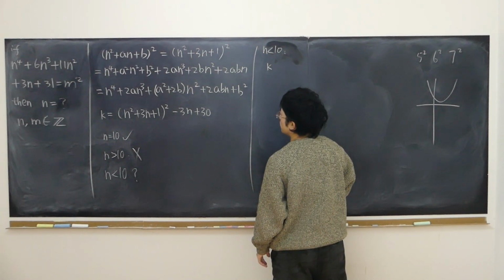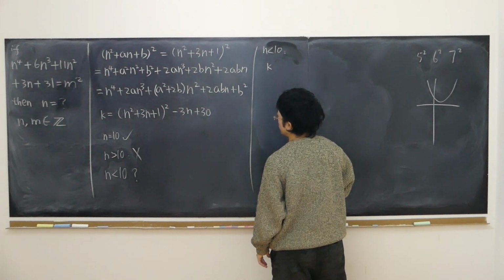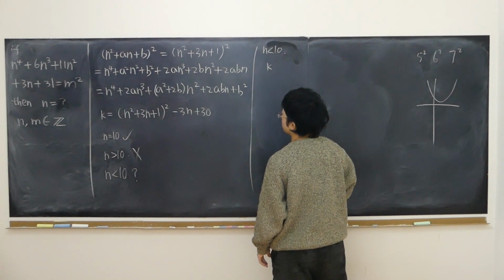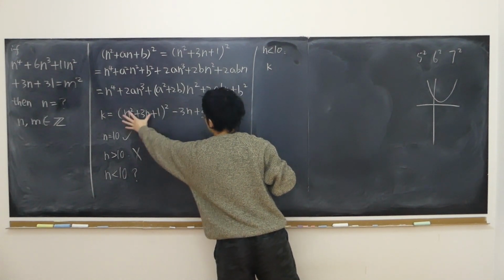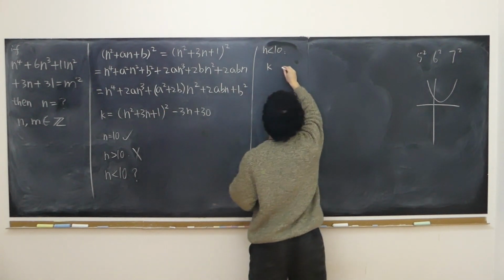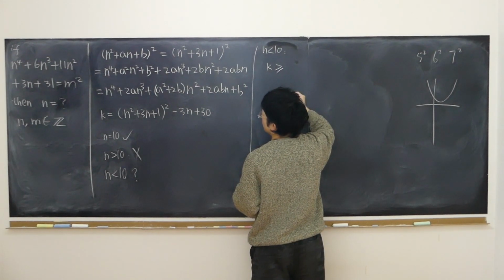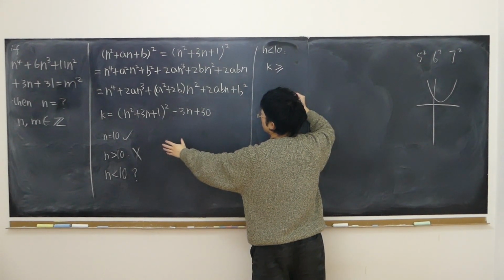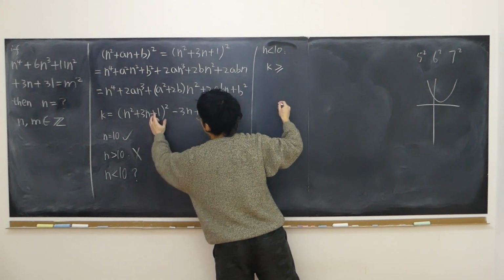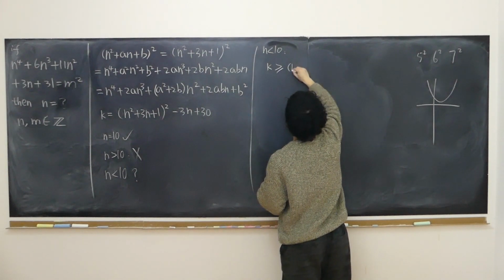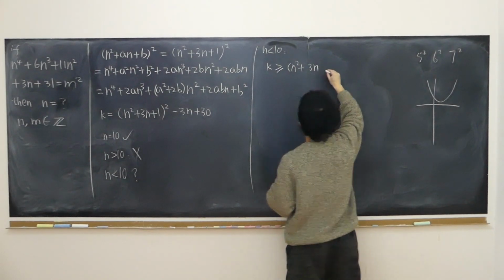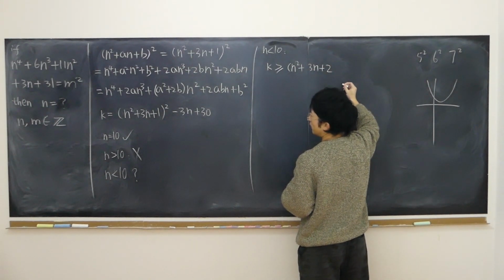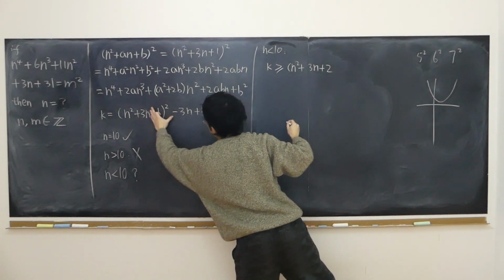So for k to still be a perfect square, first of all, it is strictly larger than this. So that means it's larger than or equal to this plus 2, right? So n squared plus 3n plus 2. That's the next square number right after this one, right?